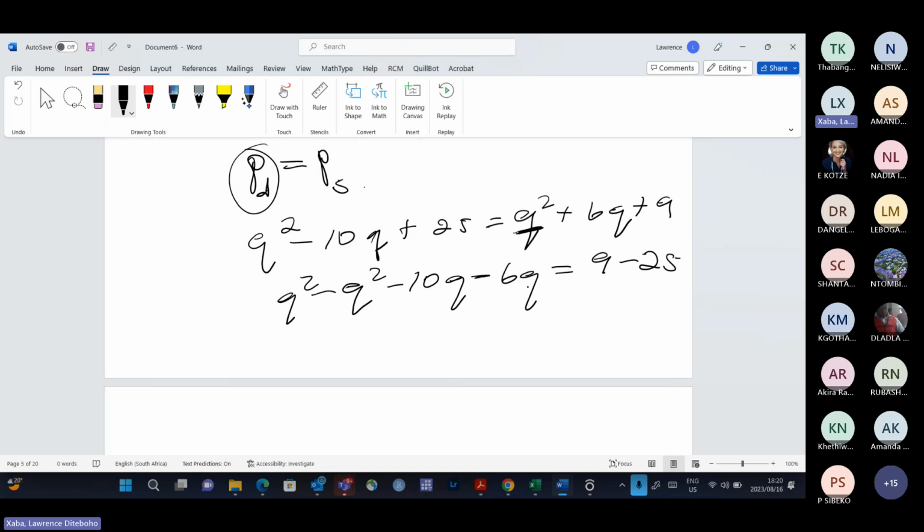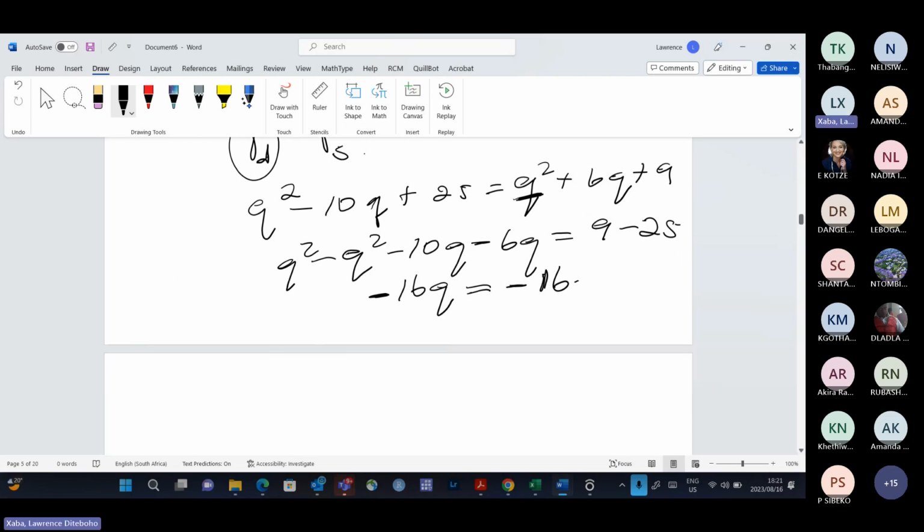So here we end up having negative 16Q equals negative 16. We're interested in finding Q, so we divide both sides by negative 16. That cancels, and we end up having Q equals 1. So our Q is equal to 1.